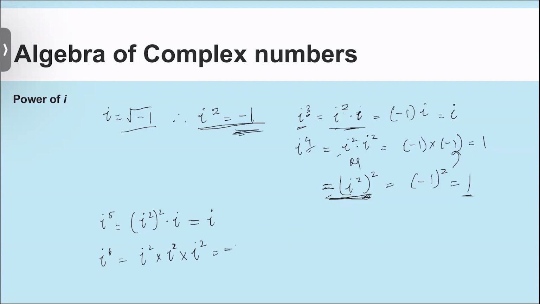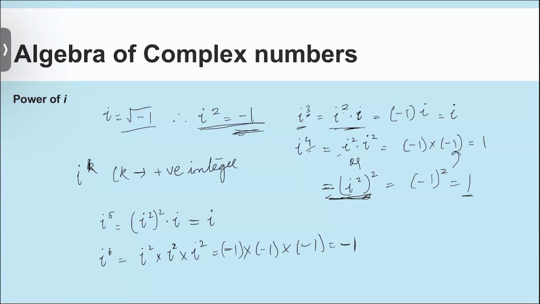So you can write -1 multiplied by -1 multiplied by -1, and that again gives you -1. So this is how we can find the power of I relating to any positive integer. So I to the k can be found in this sense, where k, for the example over here, we are taking as a positive integer.